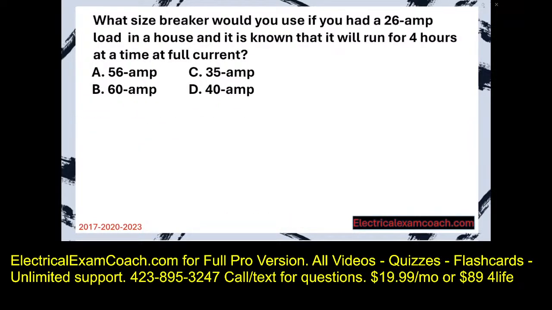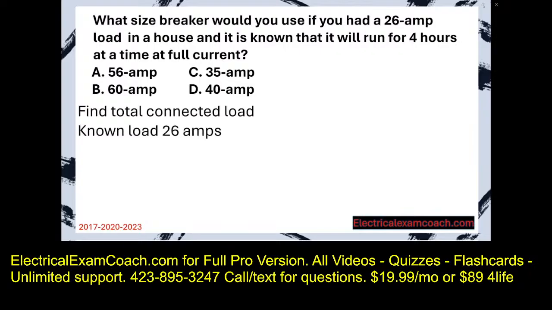Great job. What size breaker would you use if you had a 26 amp load in a house and it's known that it will run for 4 hours at a time at full current? Step 1, find the total connected load. Our known load as of right now is 26 amps. Now we got to check for demand factors. In this case, it's going to qualify as a continuous load.